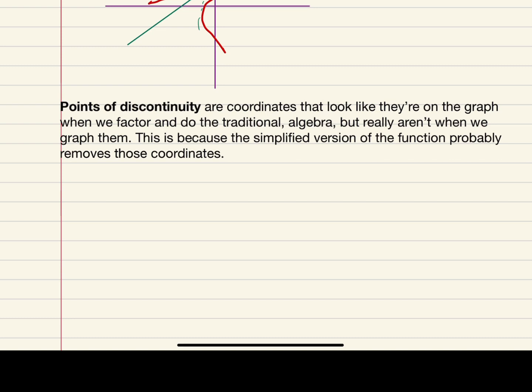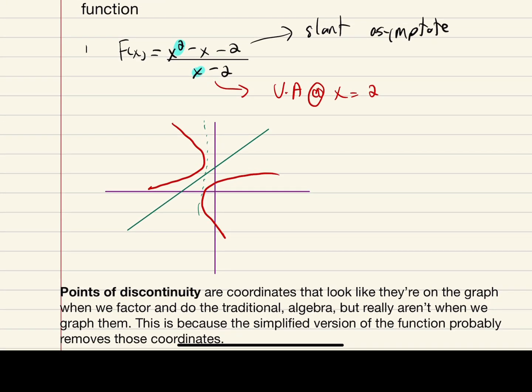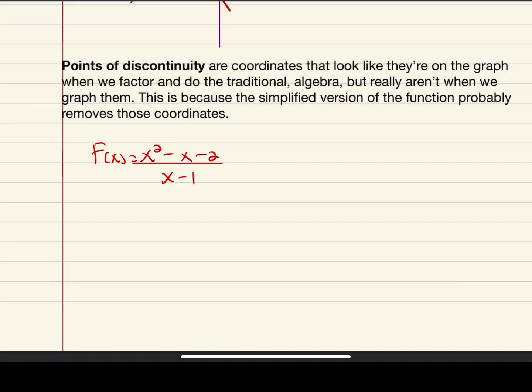So let me show you that that's the case with this equation here. Let's say I factor the numerator traditionally. You can factor it by graphing it in isolation, or using decomposition, or the quadratic formula. Either way is fine, you get the same answer.